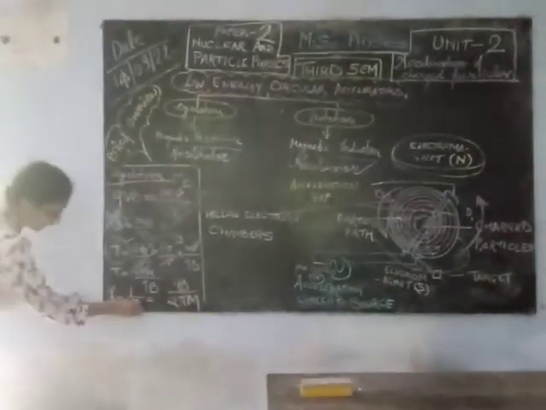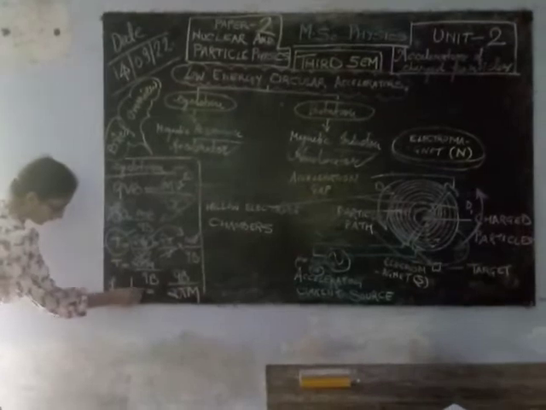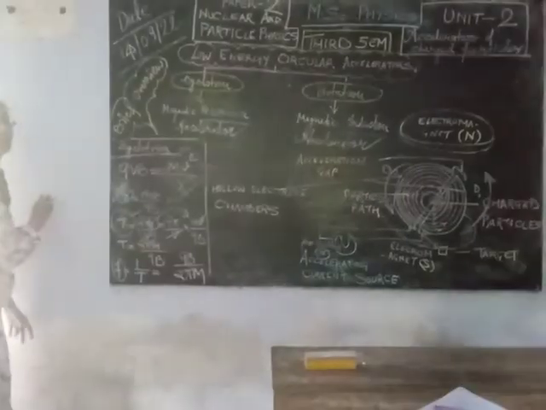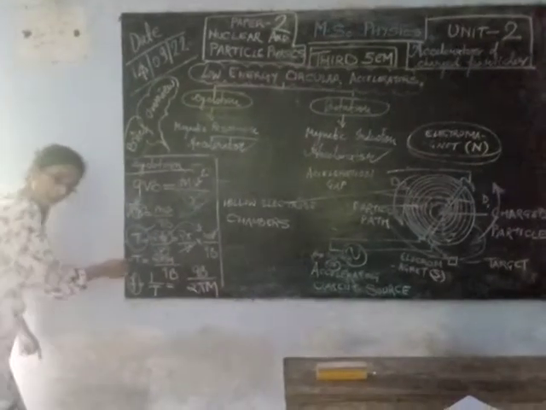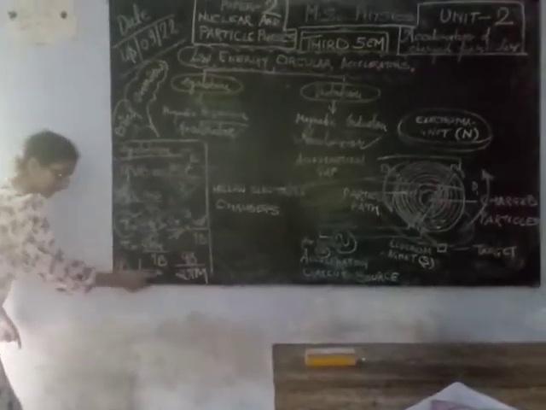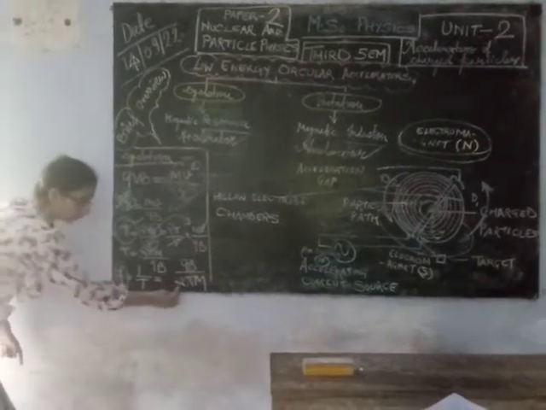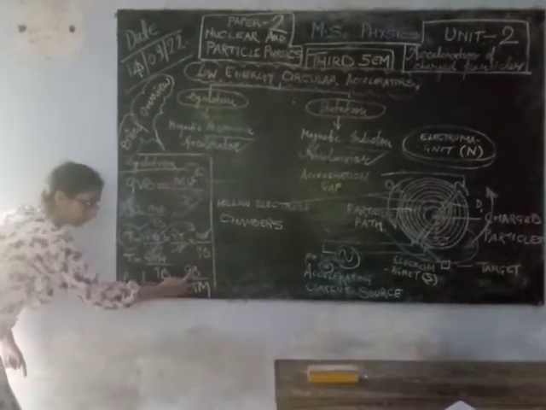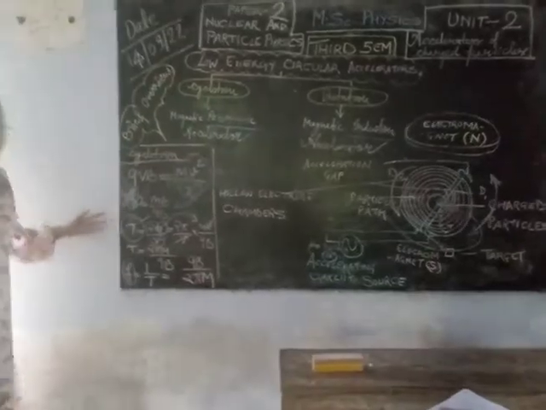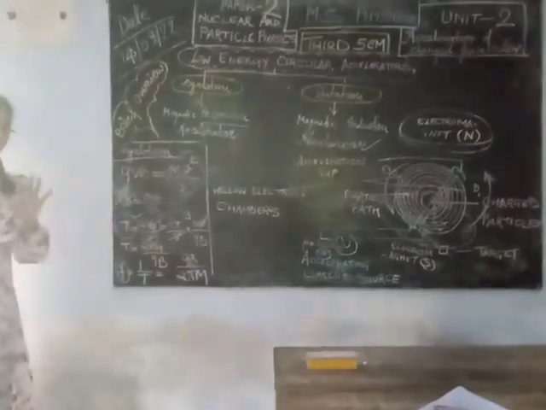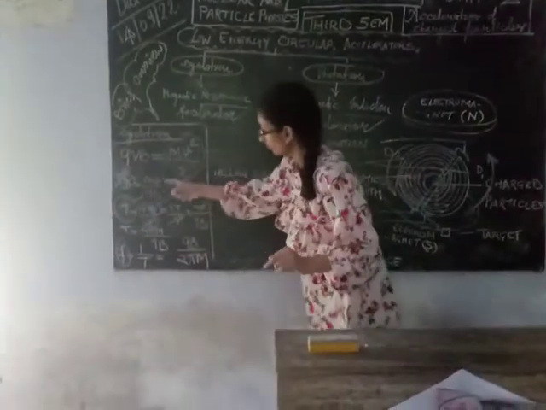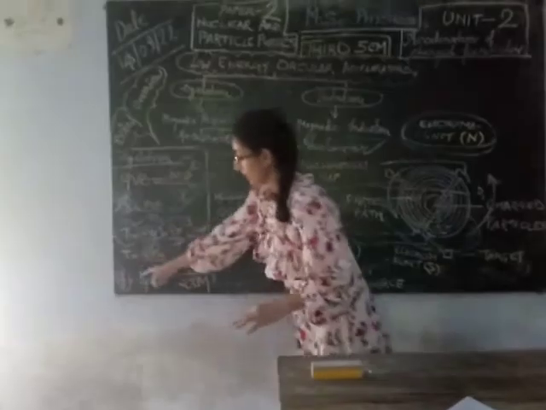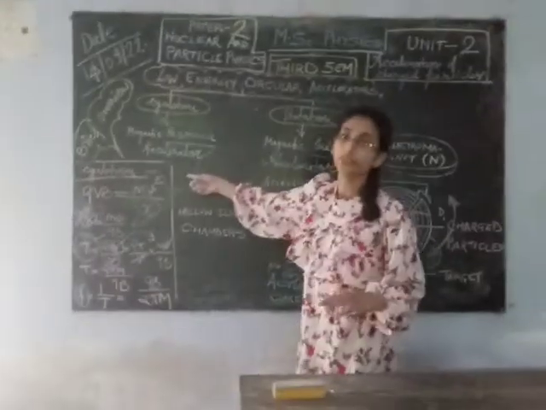Here f equals 1 by T. This is also a basic formula of your UG classes. When we put this value of T in it, f equals qB by 2 pi m. So here you get three formulas: r is your radius, T is your time period, and f is the frequency of your cyclotron.